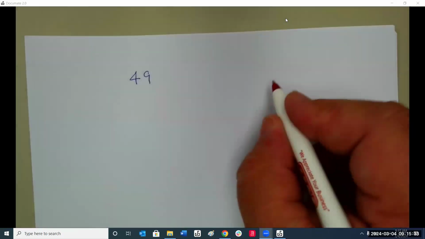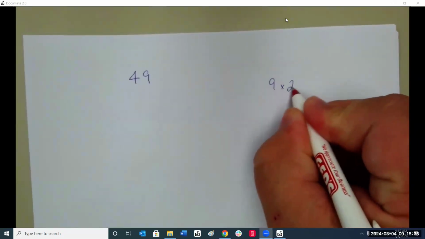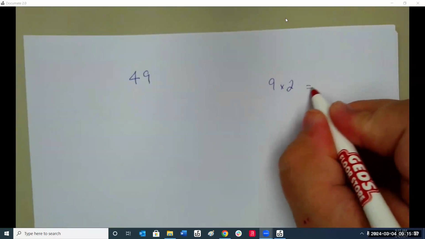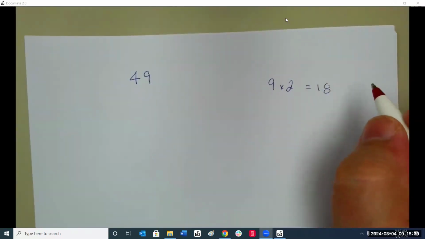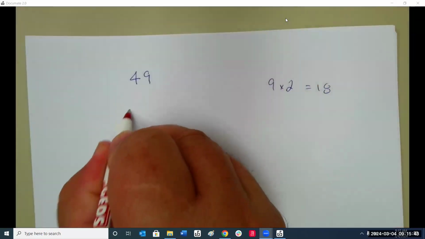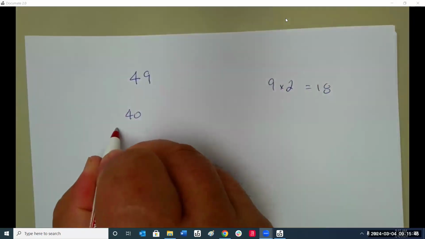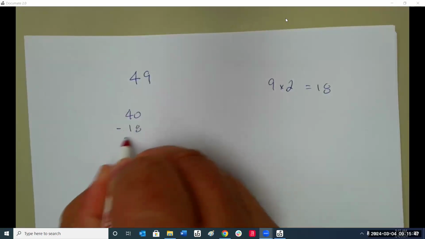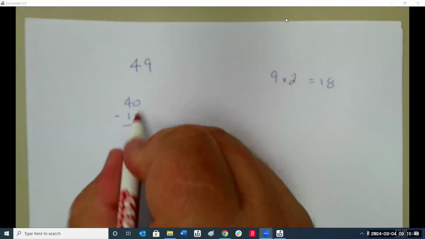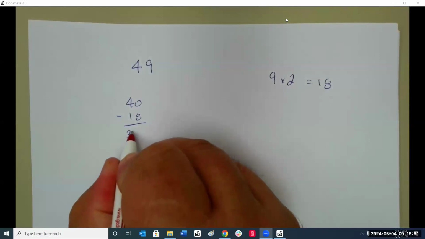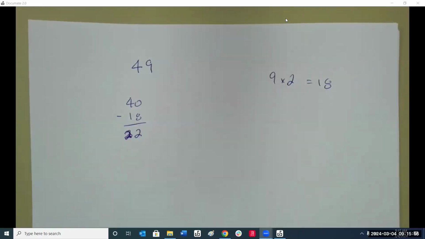A number is divisible by 7 if the last digit is multiplied by 2, which equals 18, and subtracted from the remaining numbers. So 40 minus 18 is 22.